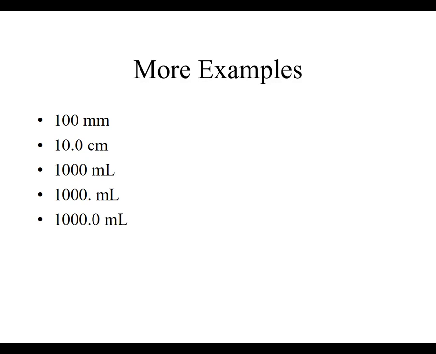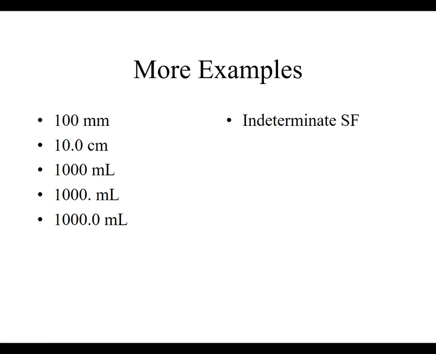Okay, the first one, 100 millimeters. The number of significant figures here is indeterminate because the number ends with zeros and no decimal point is shown. So our answer there is going to be that we have an indeterminate number of significant figures. See, normally, if a digit is not significant, we try to avoid writing it.